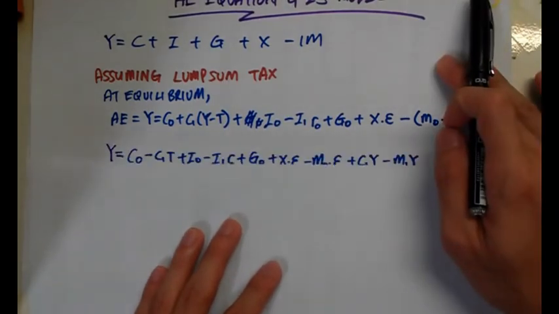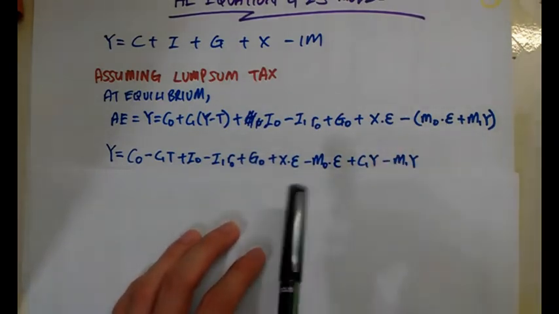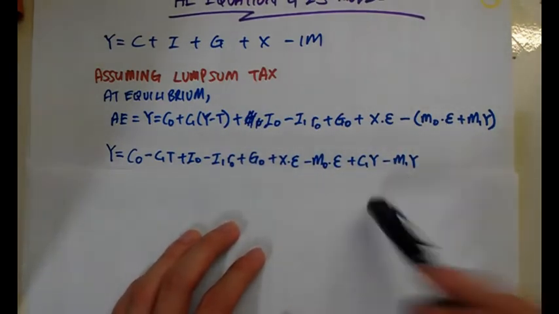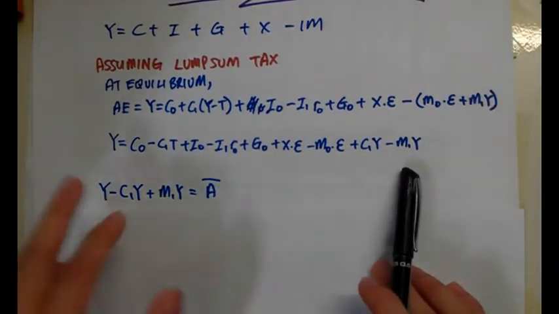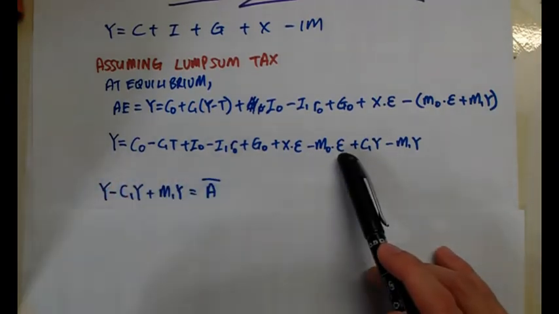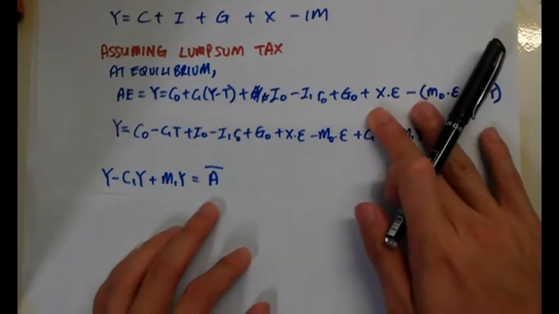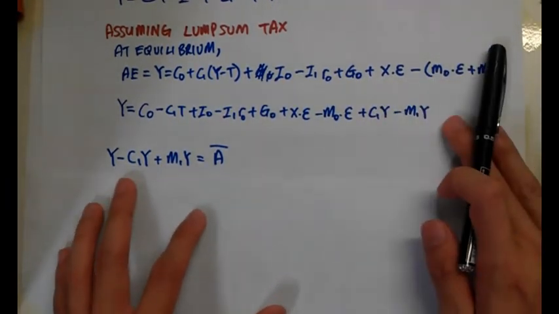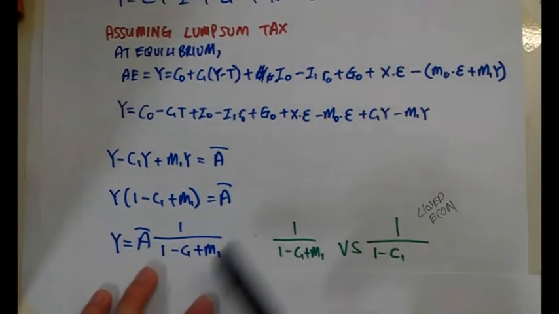So I'm going to expand the brackets out, and move all the Y components to the left side of the equation, isolating them. And this chunk over here is going to be my autonomous expenditure, and I'm going to represent that by A bar. Next, I'm going to factorize Y, and bring this to the other side, and I have this. So this is my multiplier.